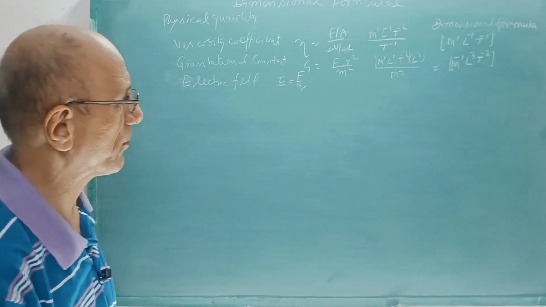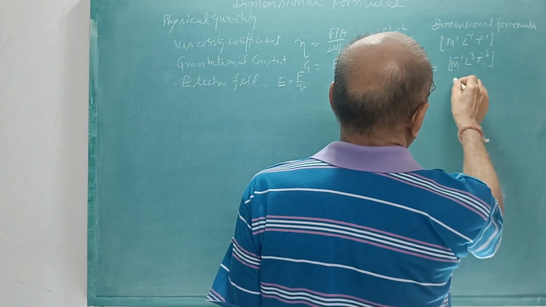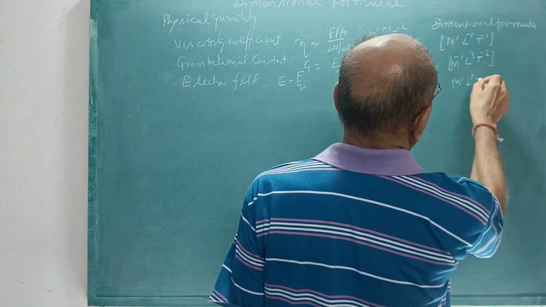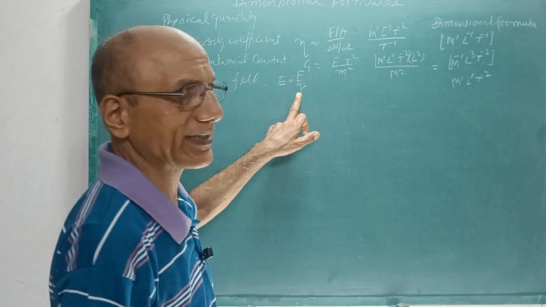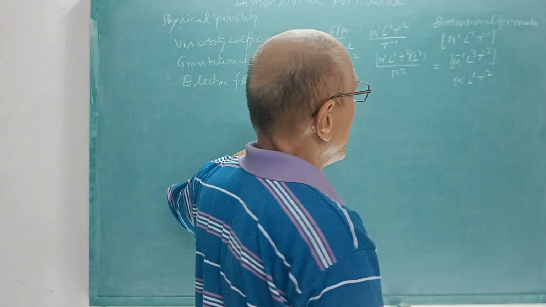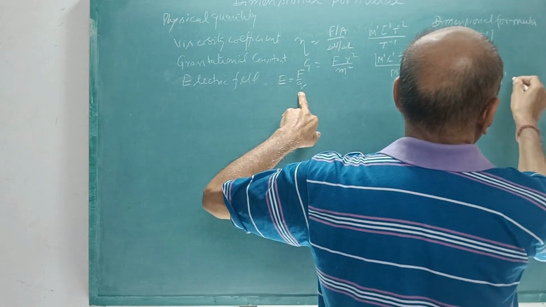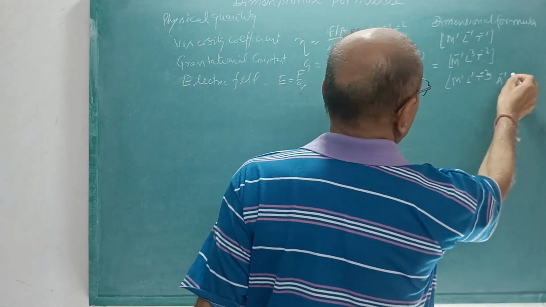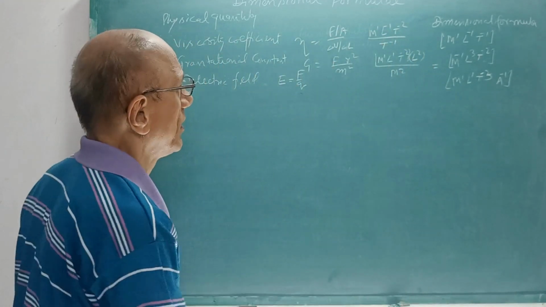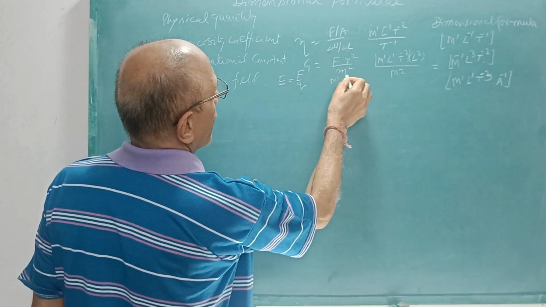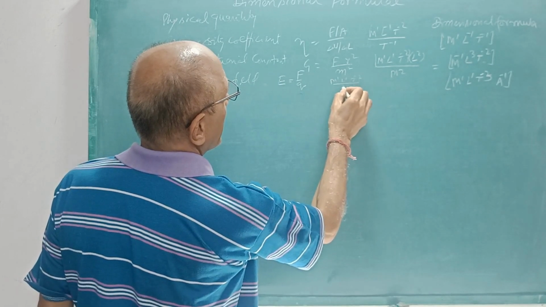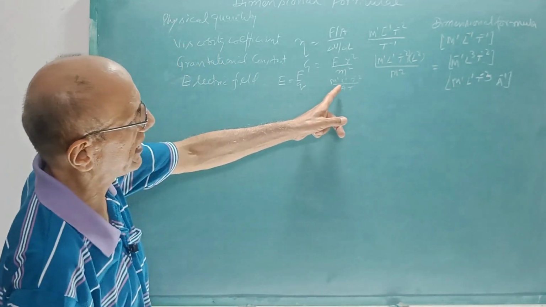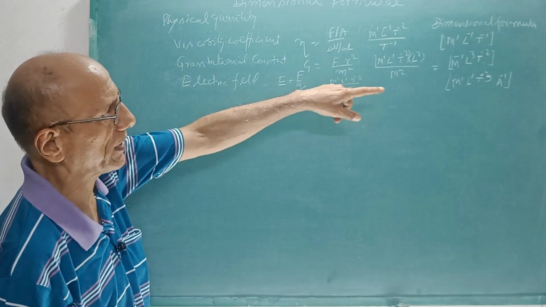So the dimensional formula for the force is M1 L1 T minus 2 divided by charge, which is A and T. You can get it orally: M1 L1 T minus 2 divided by AT. So T minus 3, M1 L1 T minus 3 and A minus 1.